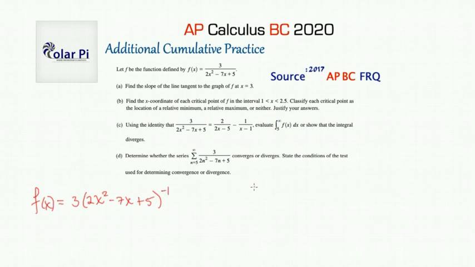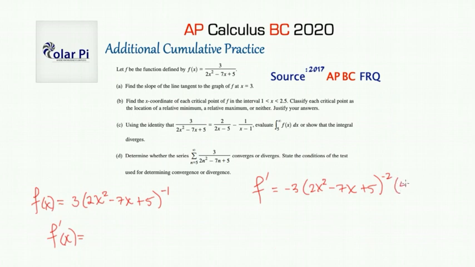Got it. And so then f prime, the derivative, is going to be minus 3 times 2x squared minus 7x plus 5 to the negative 2 power. And so cleaned up a little bit, f prime we're saying is equal to, whoa, I'm not done with f prime. I forgot chain rule. I need to multiply by the derivative of that.